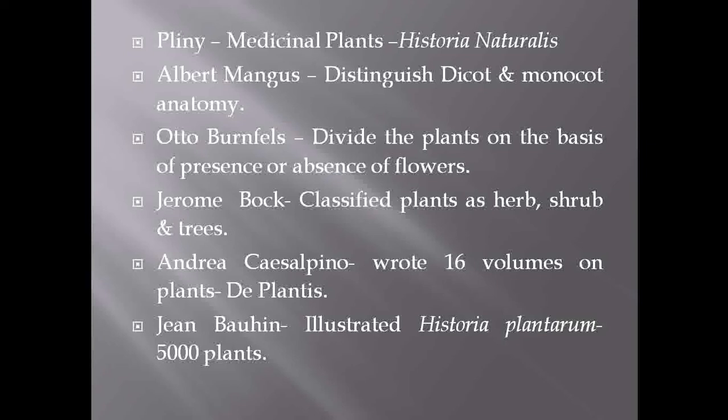Then the scientist Jean Bauhin wrote an illustrated book called Historia Plantarum, and in his book he gives information on about 5,000 plants. Of those 5,000 plants, he illustrated about 3,000 plant species.